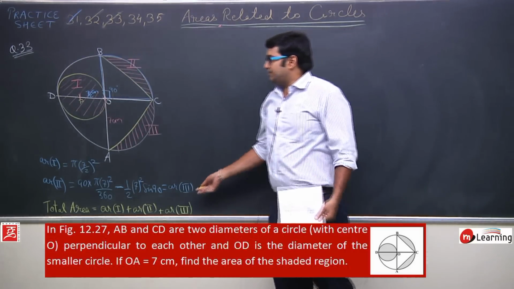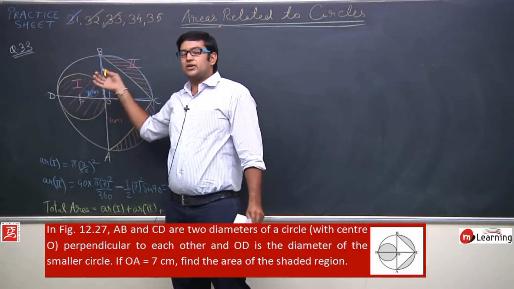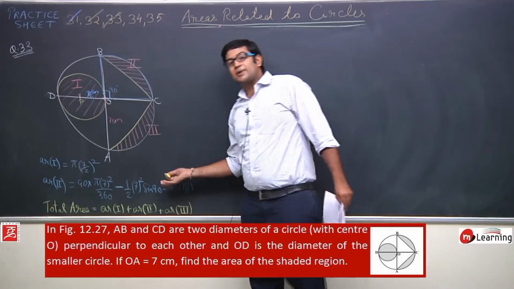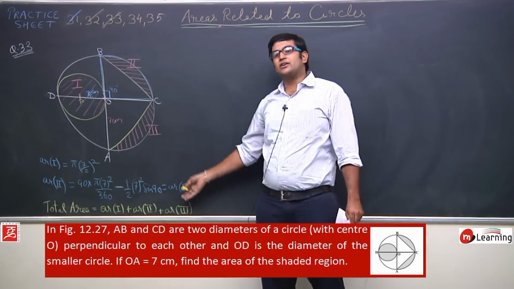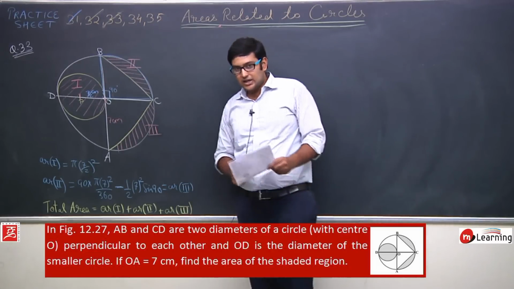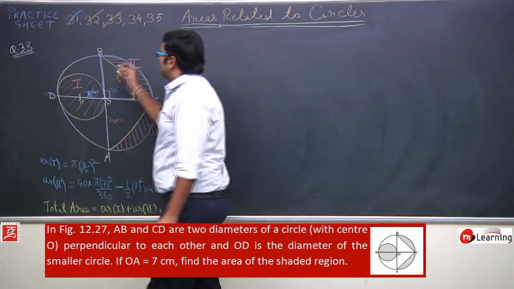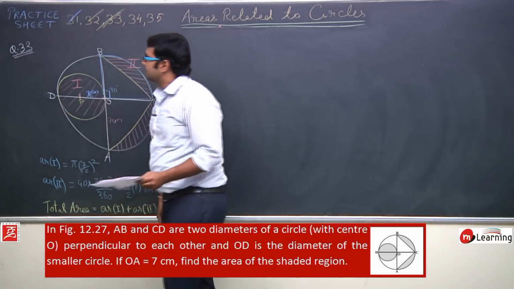So using this concept, can you calculate the area of regions 1, 2 and 3? Yes, it's a simple calculation. I have substituted all the values. Now just solve this and calculate the answer. Okay, so this solves question number 33.